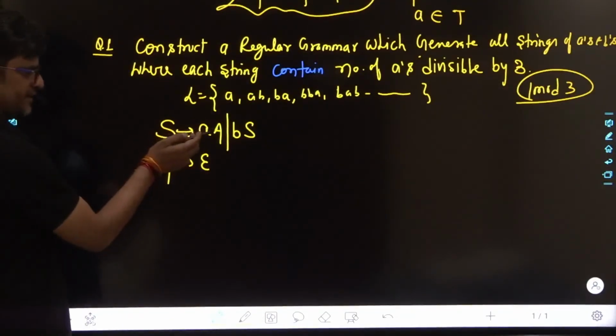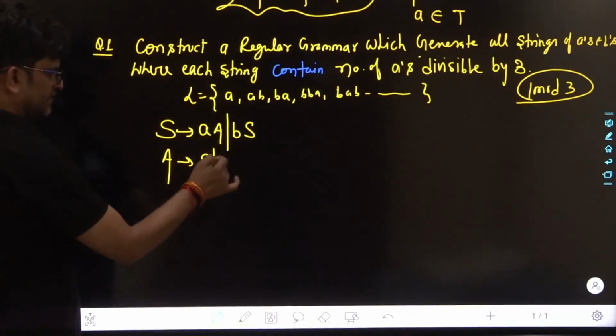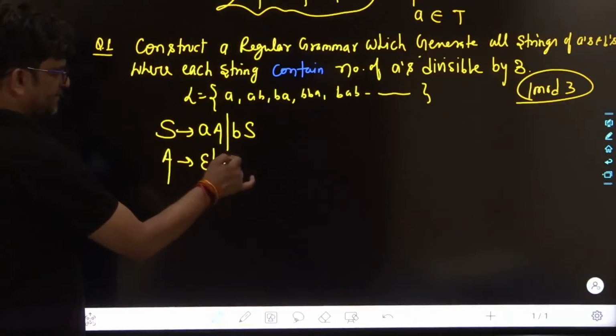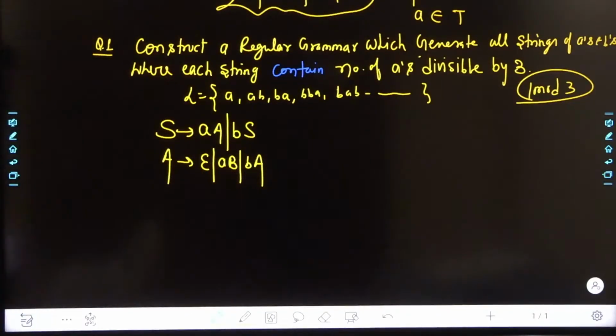Why? If I put epsilon here, then it generates single A. Now, next one: A, B, B, A. Why this one?